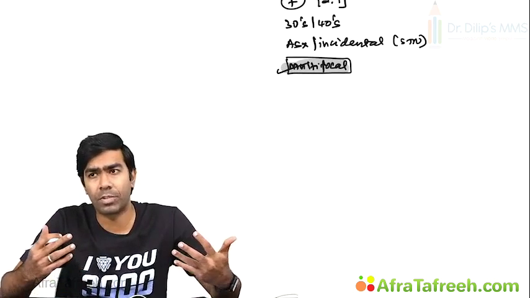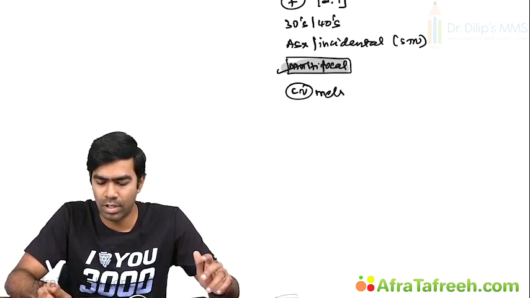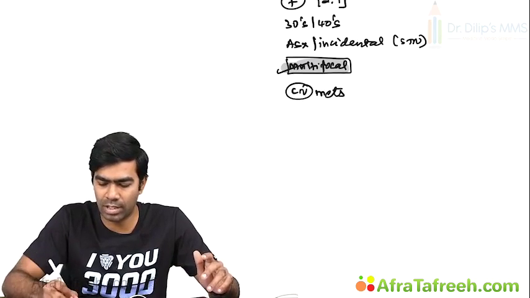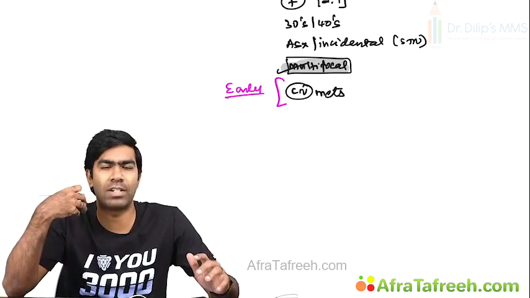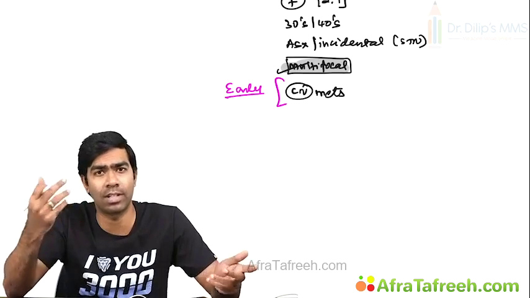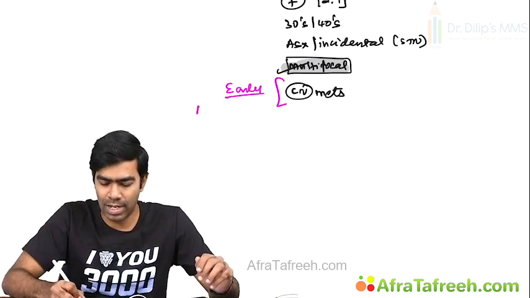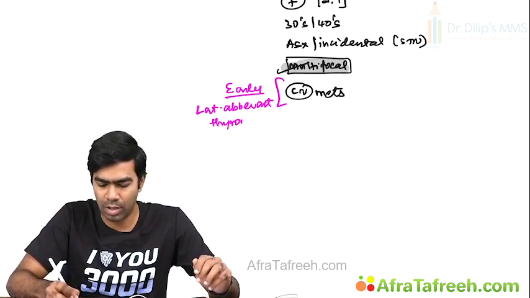Then what are the metastases? Usually they go for lymph node mets. And this lymph node involvement can be so early that it can present as the first manifestation in the patient, even before the thyroid swelling starts. That kind of presentation is what we refer to as a lateral aberrant thyroid.